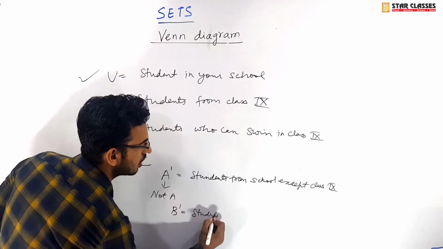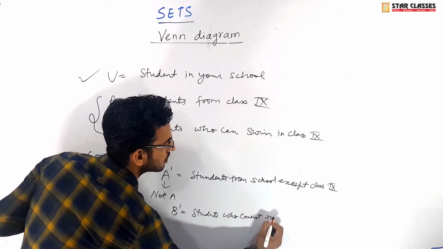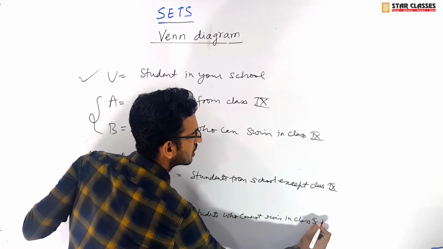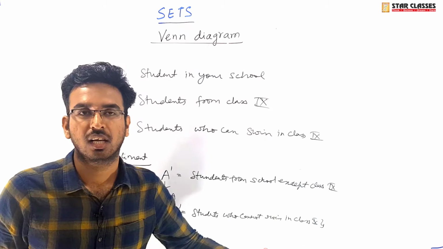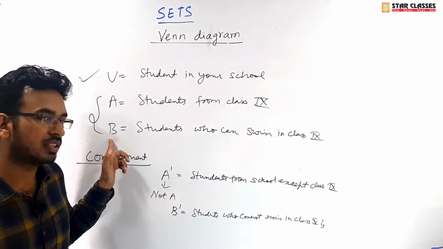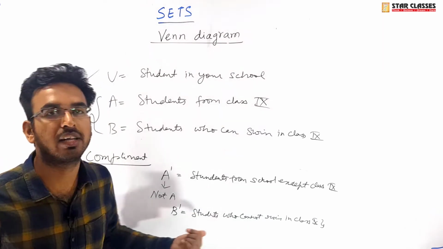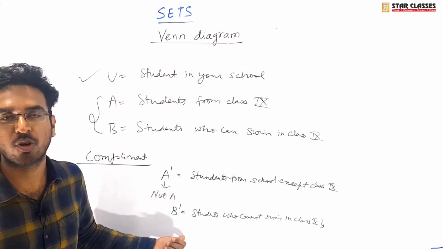So students who cannot swim in class 9. All the students who can swim in class 9 are the elements of B, but the students who cannot swim are the elements of complement B.